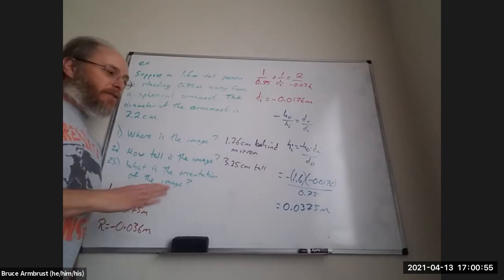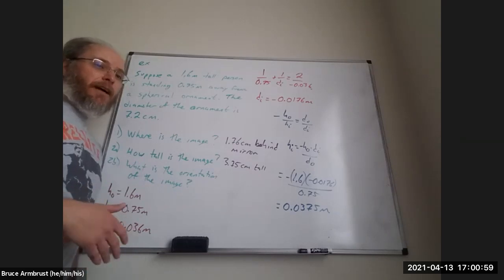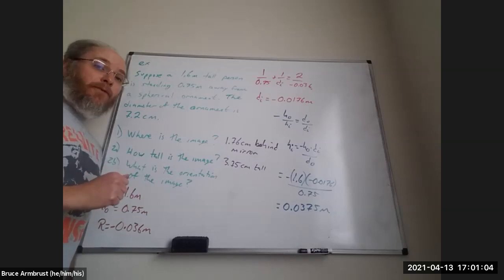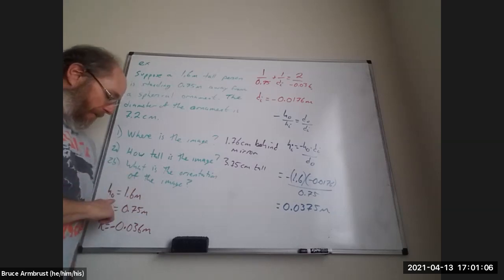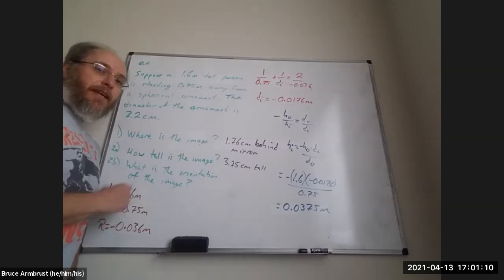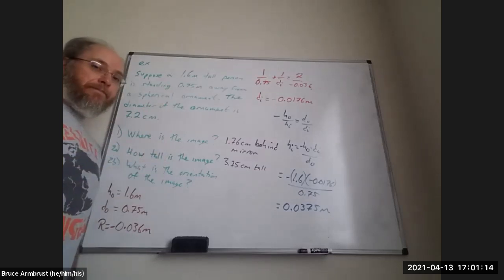Right? And in fact, that's the one thing that I didn't talk about with sign convention, because it doesn't really have anything to do with mirrors per se. But think about how we started. We started with our HO was a positive 1.6. I'm already defining positive means upright.